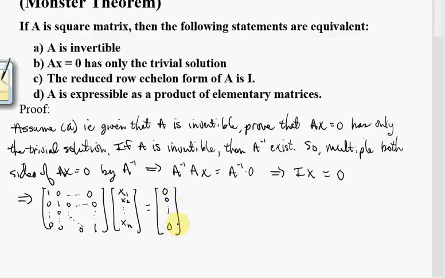The identity times X equal to 0. So this implies then that x sub 1 is equal to 0, x sub 2 is 0, and so on. X sub n is 0. Hence the trivial solution.